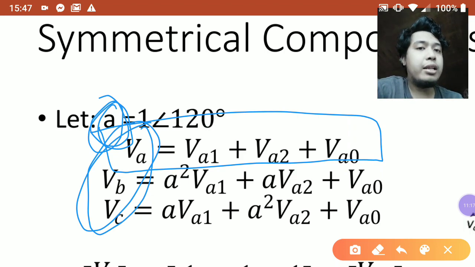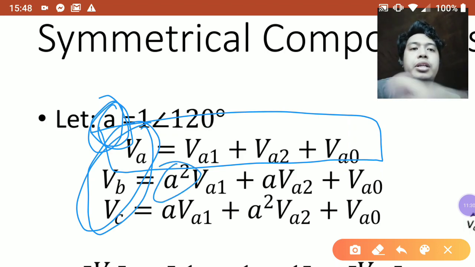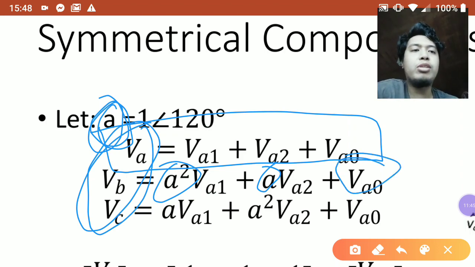VB is VB1. And take note, VB1 is 240 degrees from A1, or negative 120 degrees from A1. So that is basically A squared. VB2 is positive 120 degrees from A2, so it's A. Okay, and then VB0 is basically the same. It's equal to VA0. So that's how you get this equation.